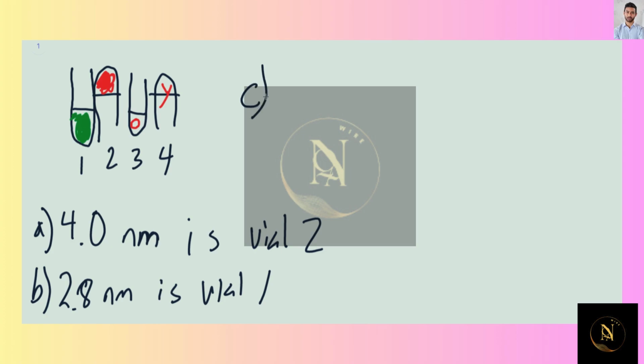C gives the energy of the band gap of a 100 nanometer particle of this to be 1.5 eV. And we want to determine the wavelength and the frequency. The energy of the band gap is equal to h nu, where nu is the frequency.